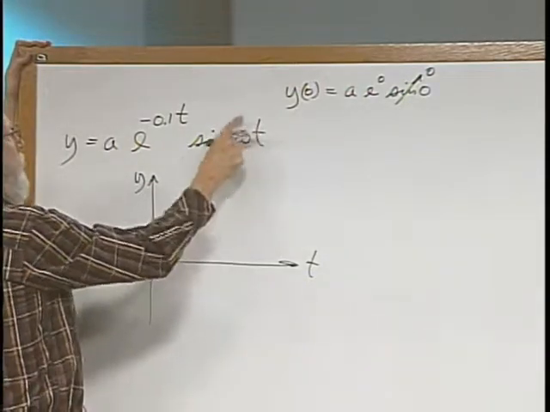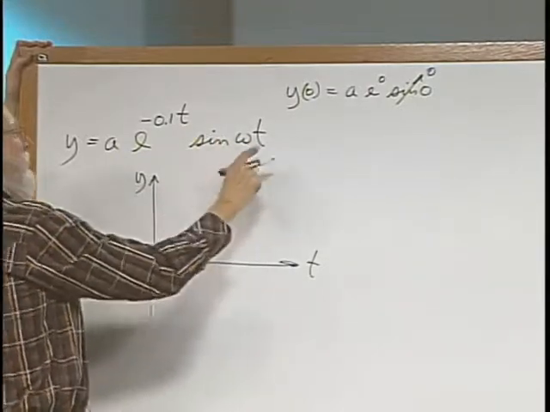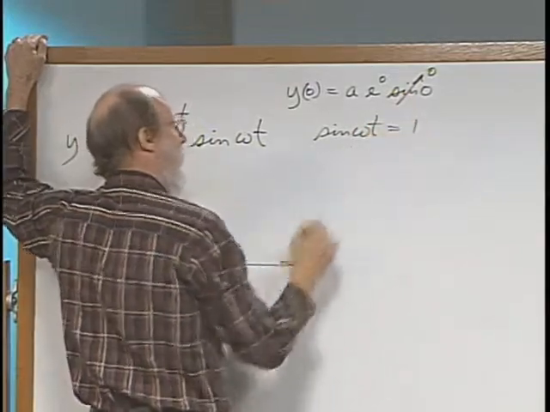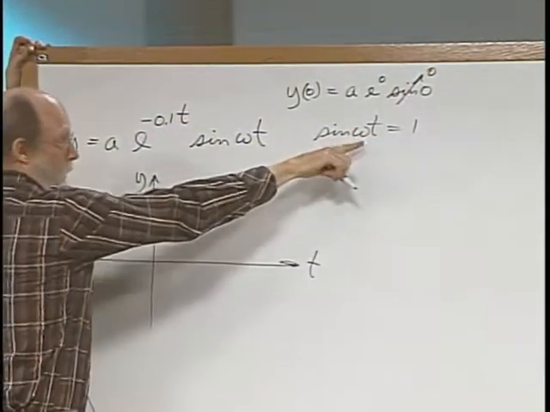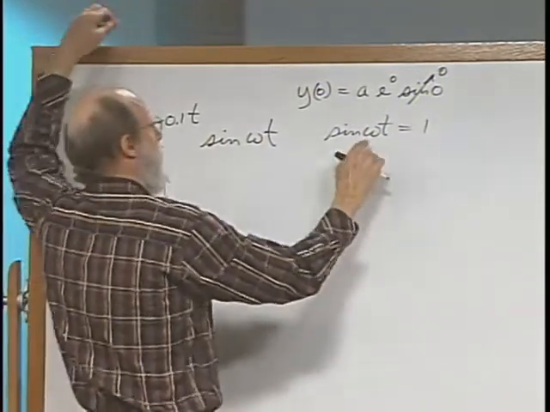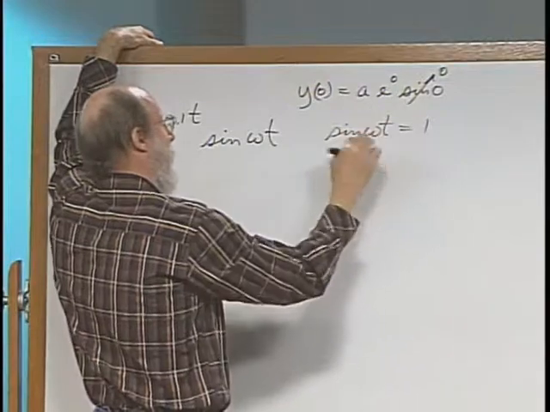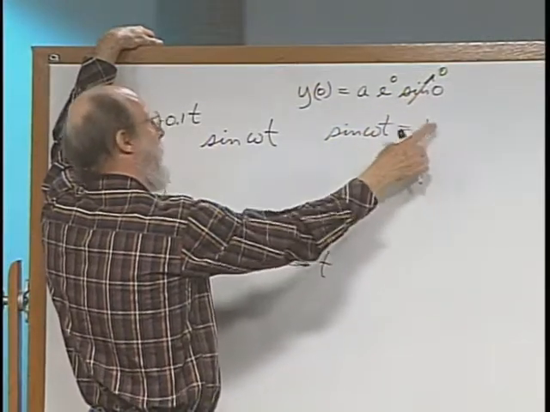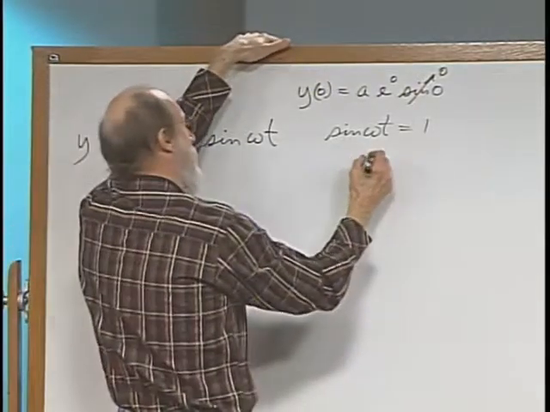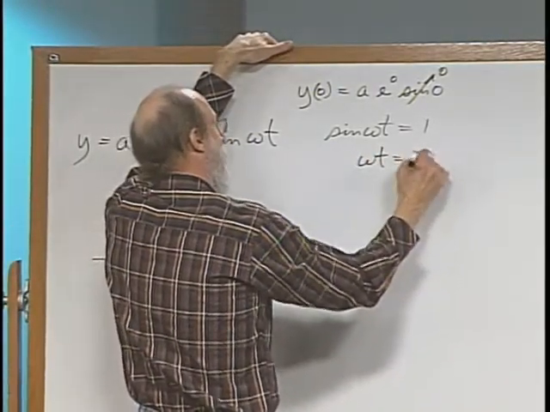In other words, where the sine value takes on a value of 1. Sine omega t can equal 1 at some point in time. So let's solve that problem. We know that this angle has a sine reading of 1 when that angle is pi over 2. So omega t could equal pi over 2.